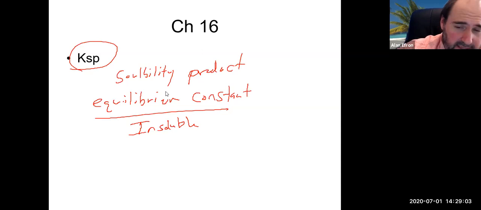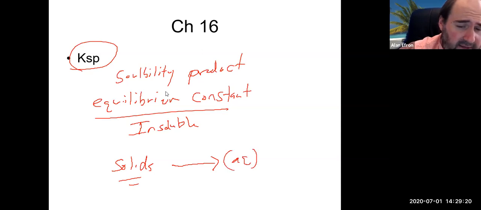So the way that these are written, because they are typically insoluble compounds, is the reaction is usually always written the same way. We typically have solids only on the reactant side, and we have aqueous ions on the product side.